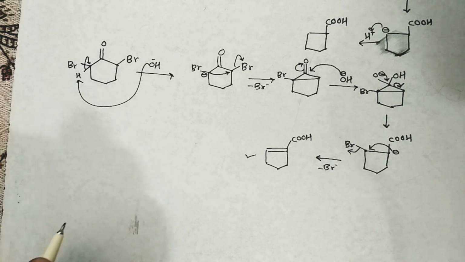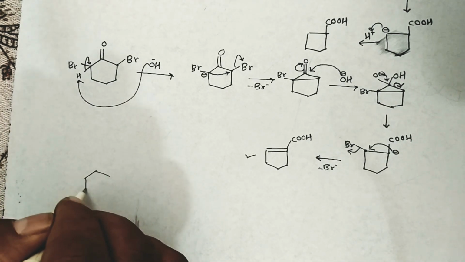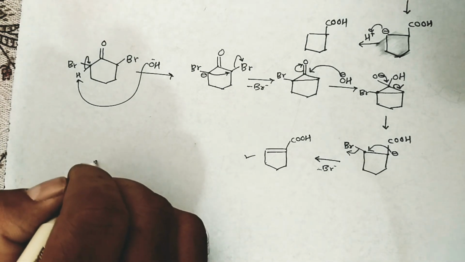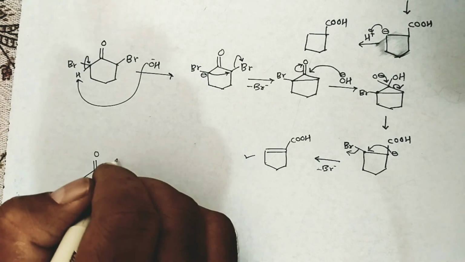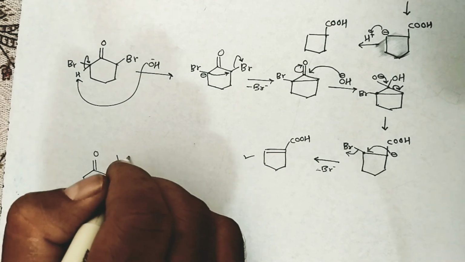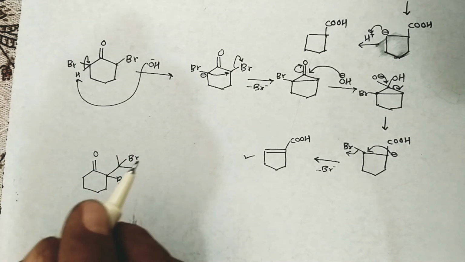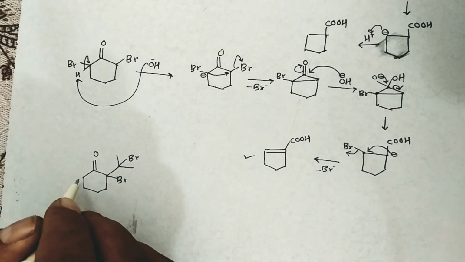Another example of Favorsky reaction is if there is branching on the alpha carbon atom. Suppose there are two bromine atoms, one at alpha position and one at beta position.